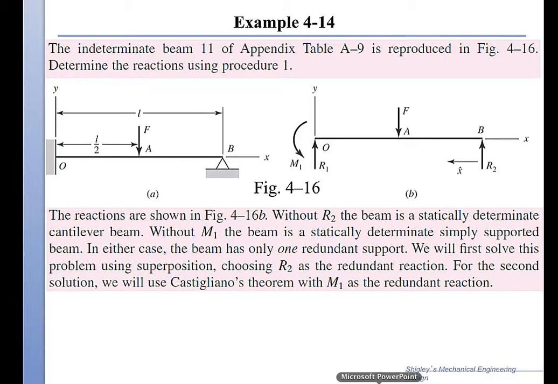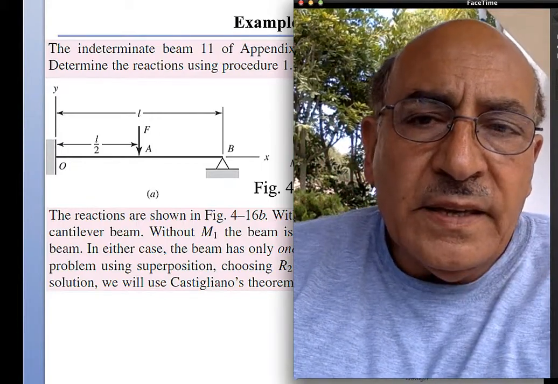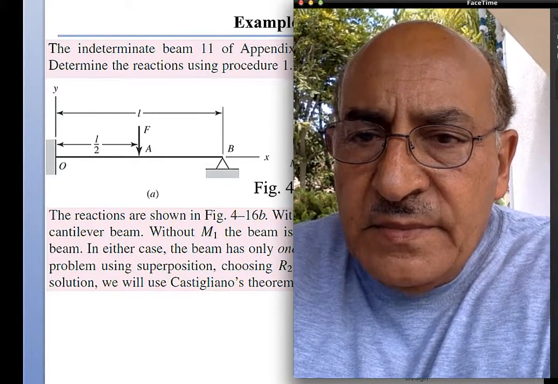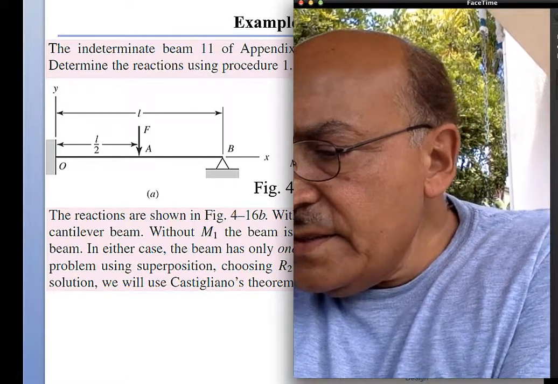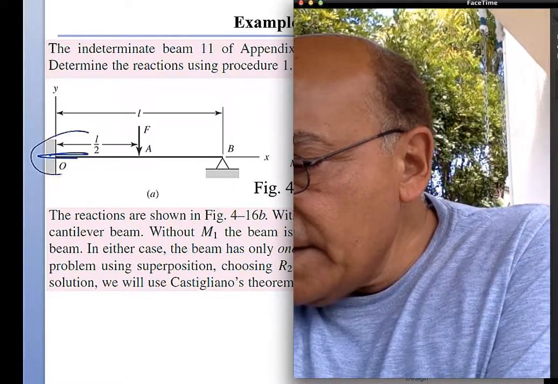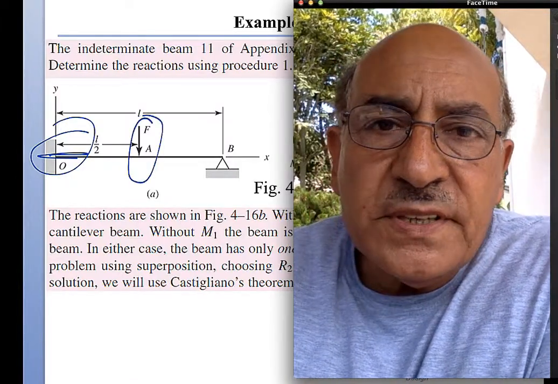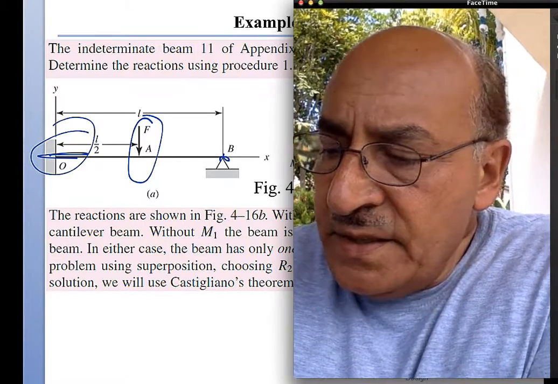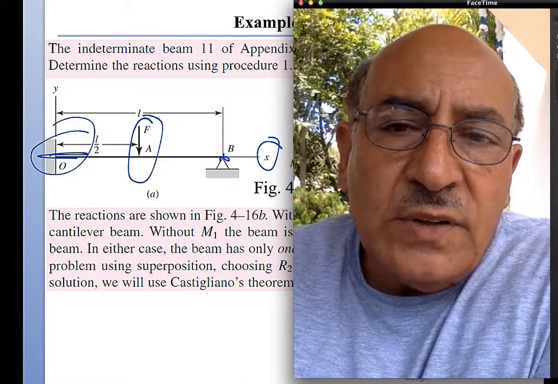Now I'm going to move on to an example, and in this example I have a beam, as you can see on my side here, and this beam is attached to the wall on this side. So let's look at this. I have here attached to the wall, and it has a point force in the middle, and it has a hinge on the right side, and the x direction is described from the wall.